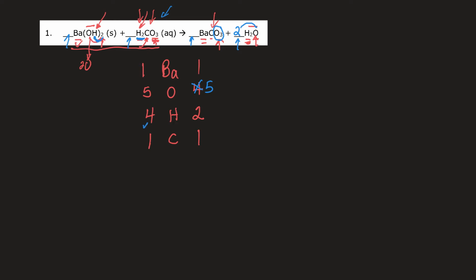Now on this side I've got 2 times this 2, so 2 water, so 2 times H2, that'd be 4, so I'd also have 4 hydrogens there. And my carbons are the same, this reaction is now balanced. That's sort of a hard one to do because there's lots of stuff involved. Let's try another one.